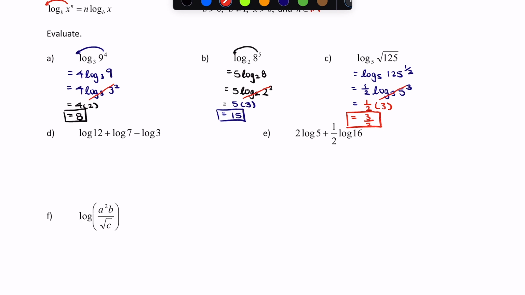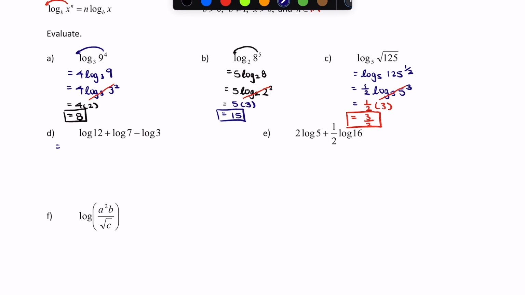Here we have log base 12 plus log base 7 minus log base 3. Again, we can add the two, so we have log base 12 plus log base 7, which will be log base 12 times 7, and then over 3.